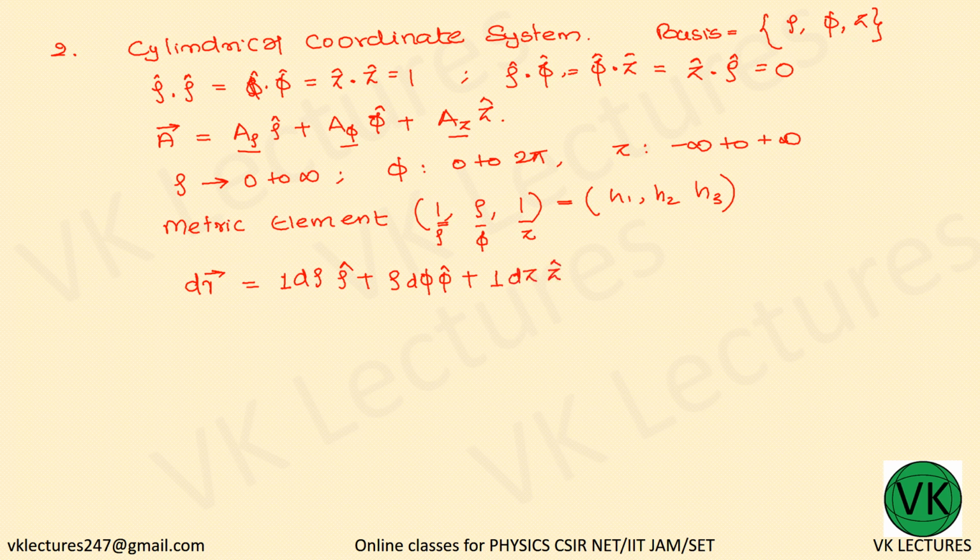So here we have added the metric element rho, since rho is the metric element corresponding to phi. So we can write it as d rho rho cap plus rho d phi phi cap plus dz z cap.